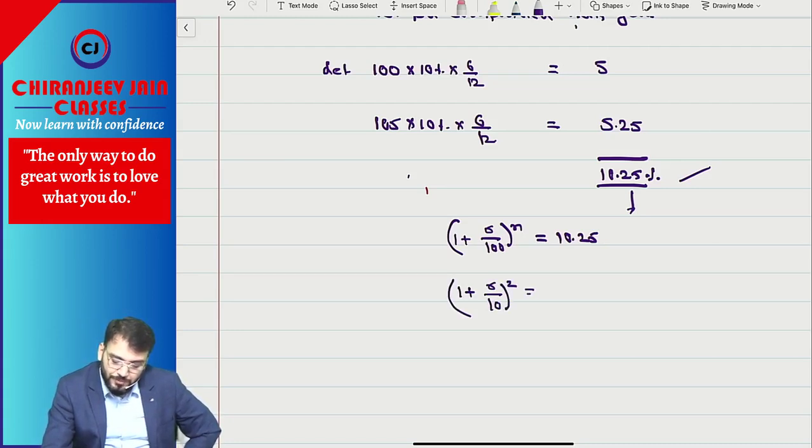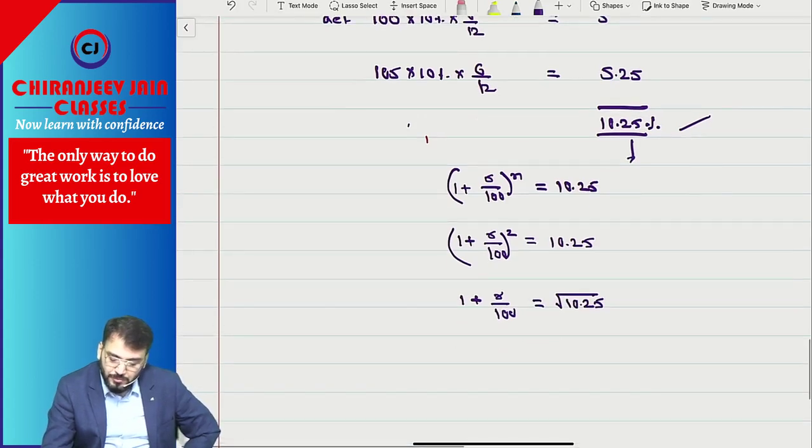It will be 2, na. This is under root 10.25. How much is it coming?